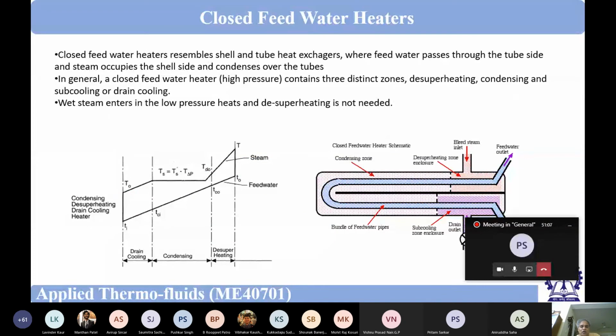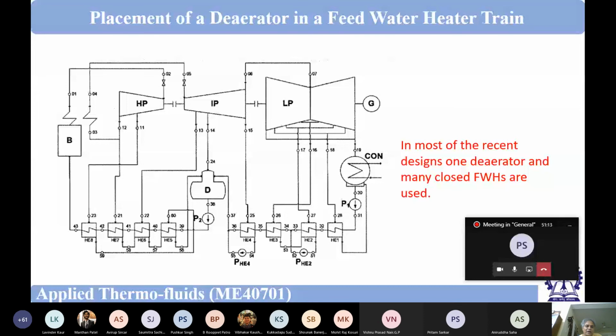This is the closed feed water heater. As I have told, these are all closed feed water heaters. A closed feed water heater could be here, which is a very low pressure feed water heater, and a closed feed water heater could be here, which is a high pressure feed water heater.